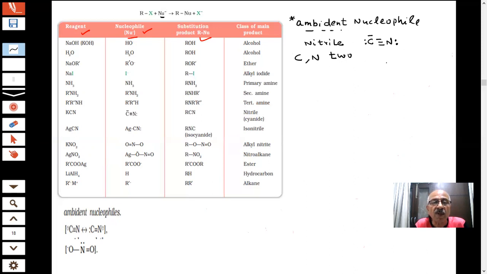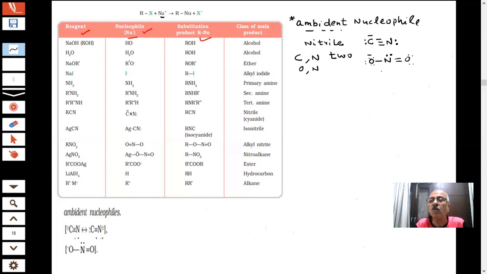Another example I am writing before you. This is my N double bond O, this is my oxygen. Here you have 6 electrons. This is having 4 electrons. There is a lone pair of electrons on the nitrogen. In this case, you have two nucleophilic atoms, one oxygen, other nitrogen.